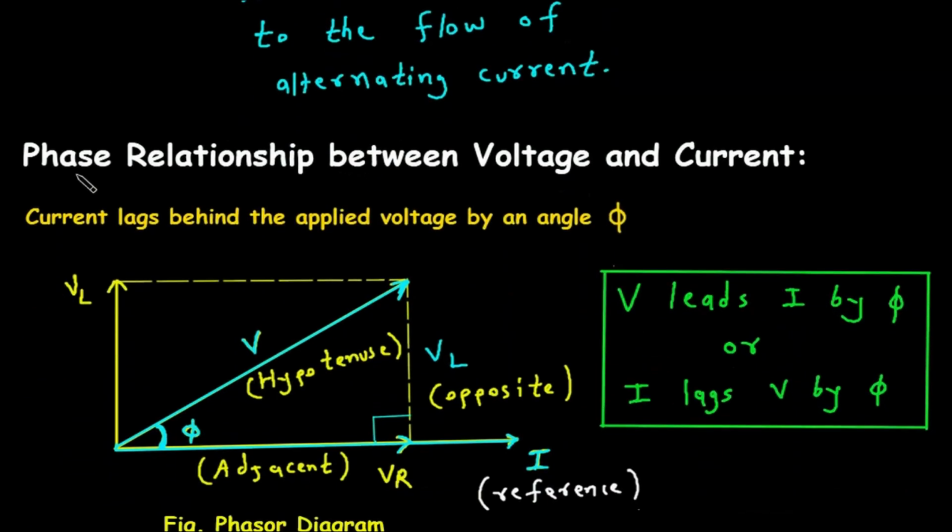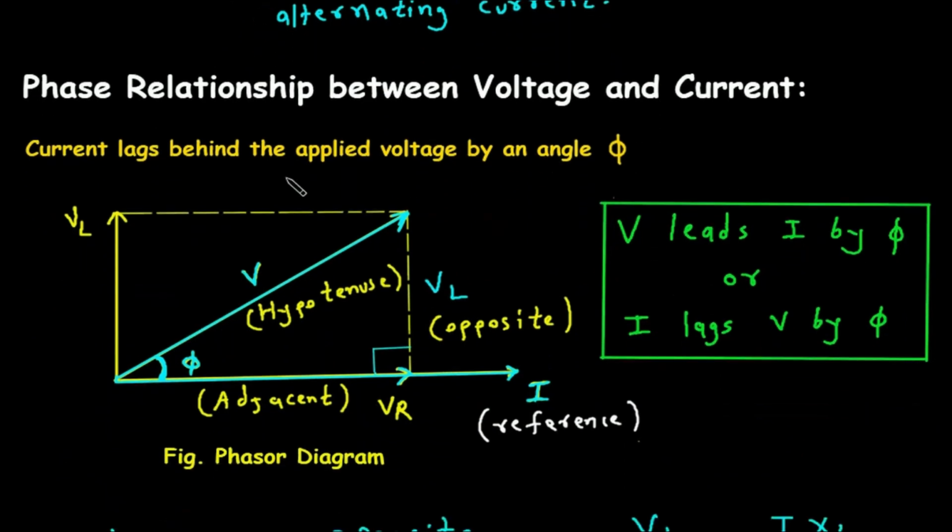Now we will see the phase relationship between voltage and current. Current lags behind the applied voltage by an angle phi. So this is an angle phi. We can see that this applied voltage is leading, or we can say that this current is lagging the applied voltage by angle phi.